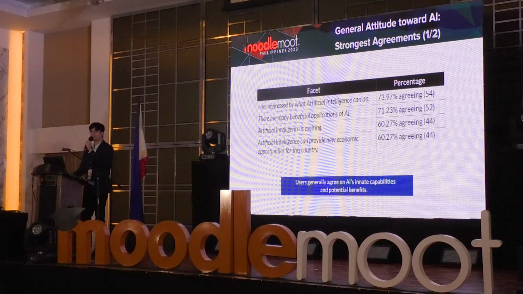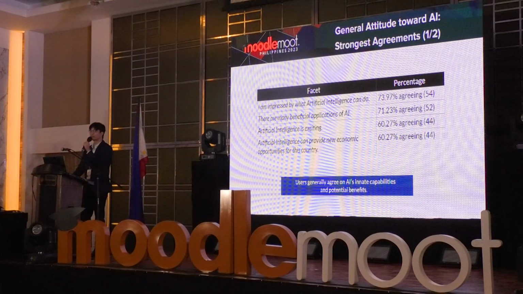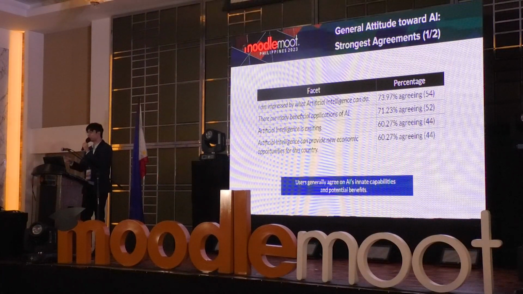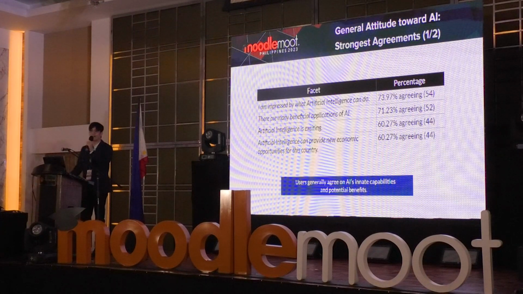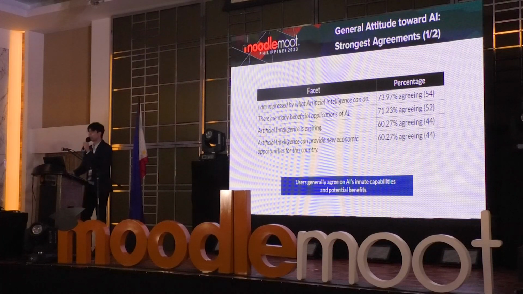And then, regarding the general attitude toward AI, I'm not going to give the results for each and every item of this GATA tool because it is comprised of 20 questionnaire items and I'm going to run out of time. That's why I've only included here the strongest agreements.